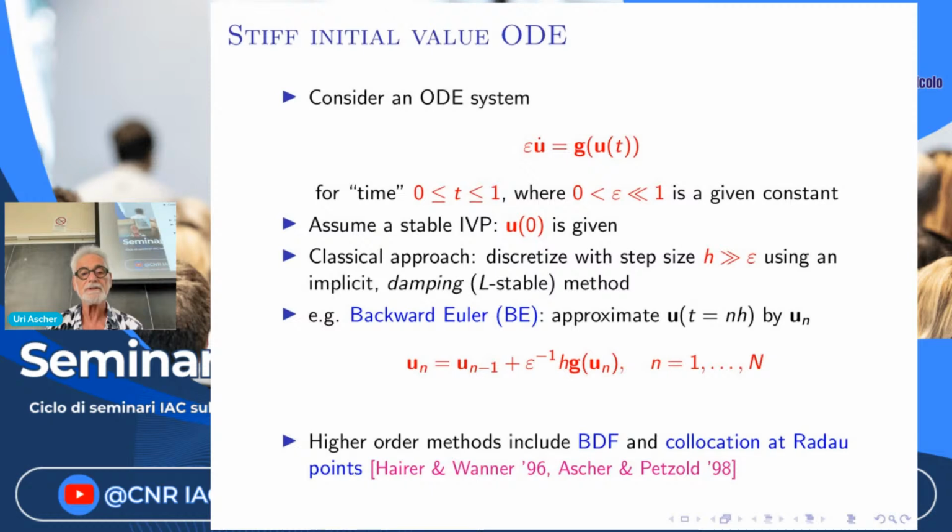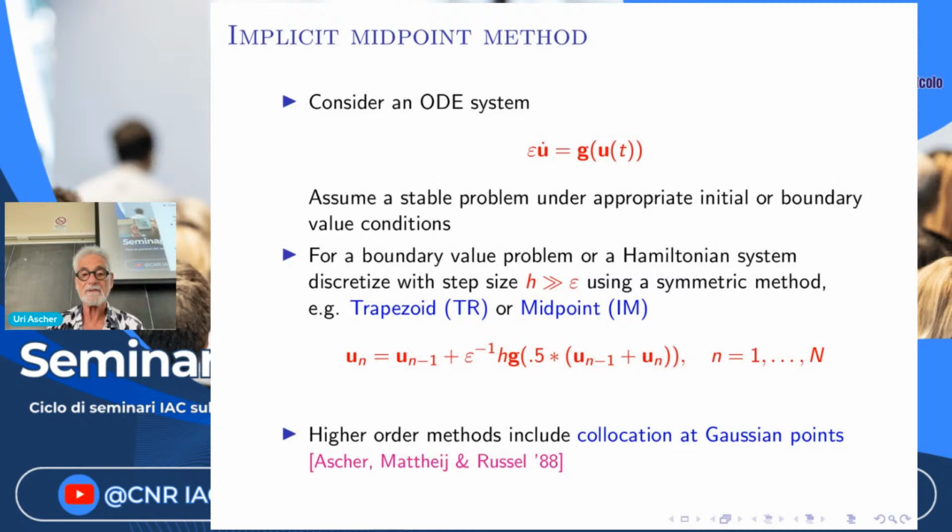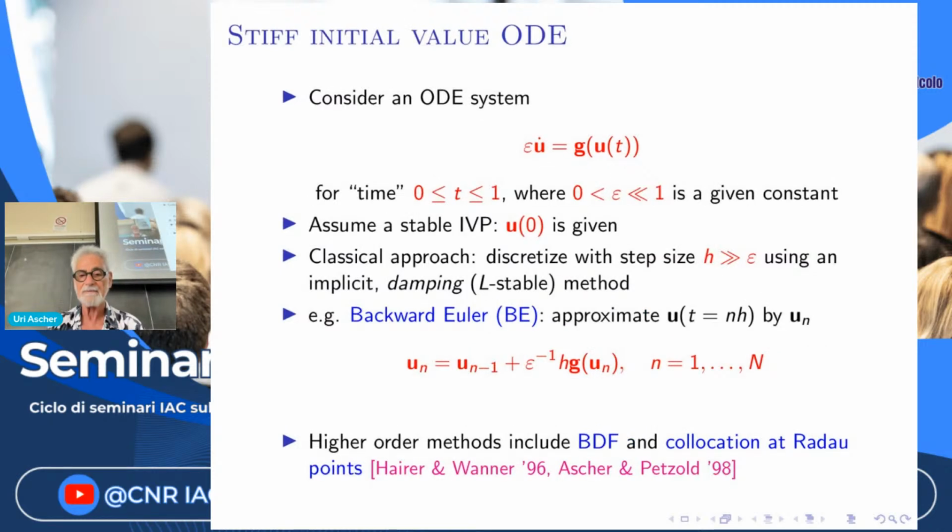So the derivative of u is, and then you have just g here, sampled at the unknown u sub n. There are also higher order methods, BDF methods, and collocation at Radau points, that have the same behavior.